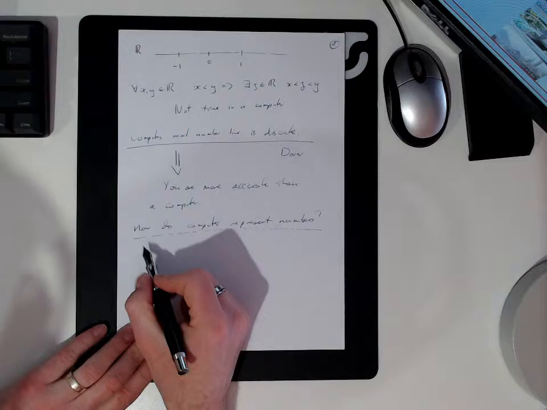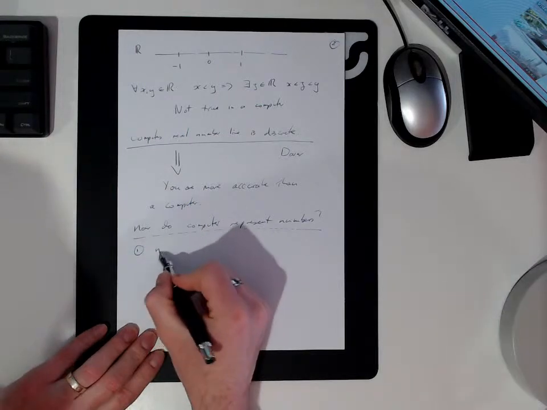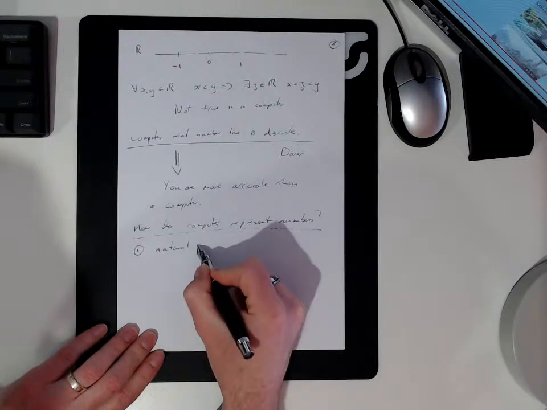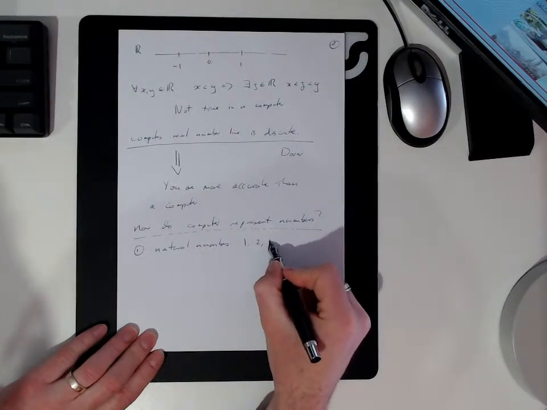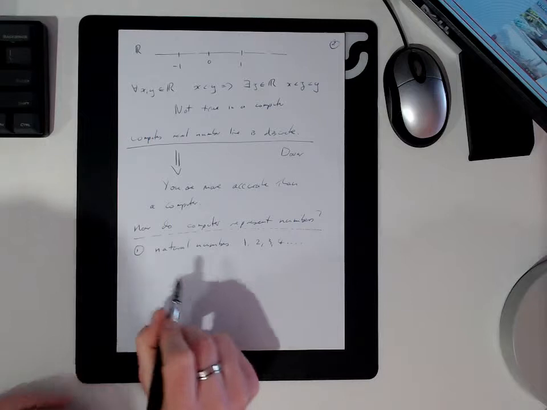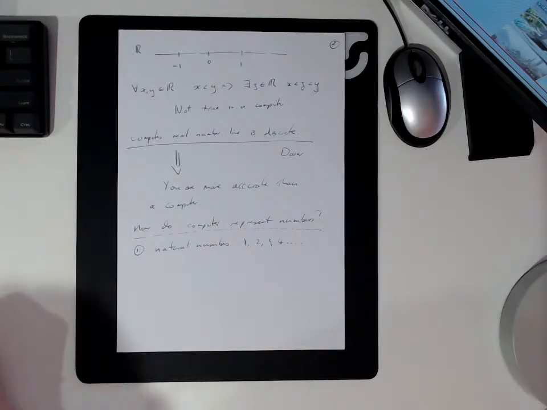Okay, so first, natural numbers. Natural numbers 1, 2, 3, 4. These are positive integers. Computers know these numbers and they know them exactly. If you do arithmetic with integers, you'll get exact answers, no errors.